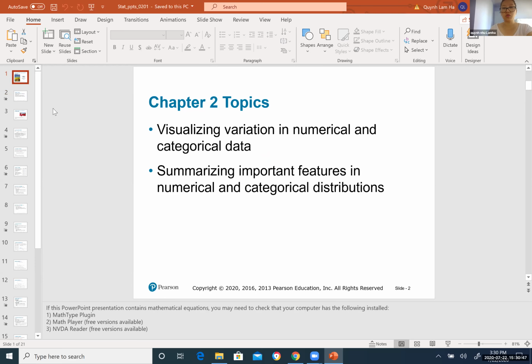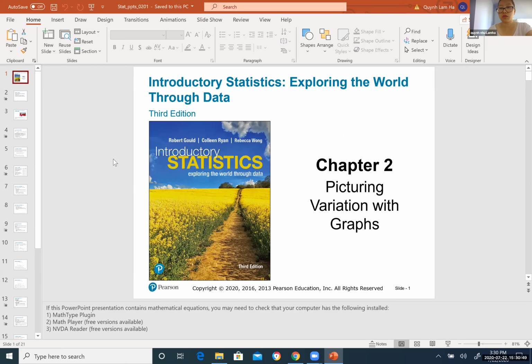For chapter 2, you will learn about picturing variation with graphs, which is how to predict and estimate what we call standard deviations, or the variation between the data. And you will learn how to look at all kinds of graphs, by different means using technology.